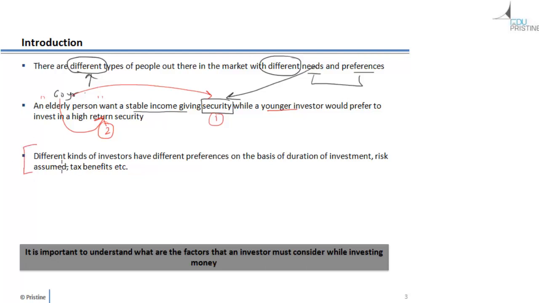So to summarize, a different kind of investor will have different combinations of different preferences on the basis of different characteristics like the time, the risk, the tax benefit, etc. And therefore it is extremely critical to understand these factors before deciding which type of investment methodology or which type of investment instrument is good or bad for each of these.